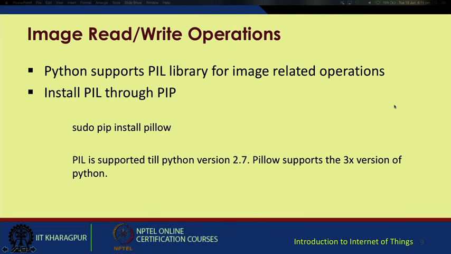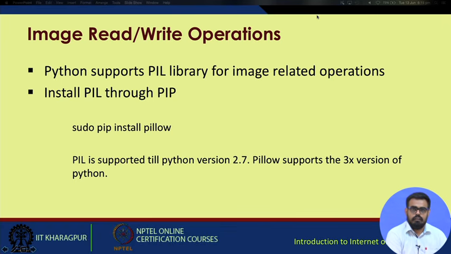So if by default your PIL is not on the system, we acquire PIL using sudo pip install pillow. Normally PIL is supported in the Python version 2.7. Otherwise, for higher versions, pillow needs to be installed to get this working.